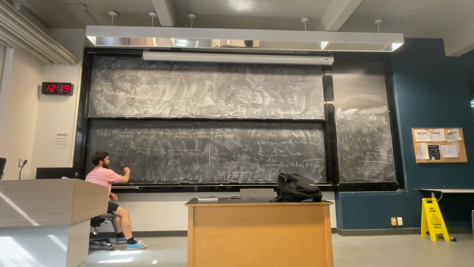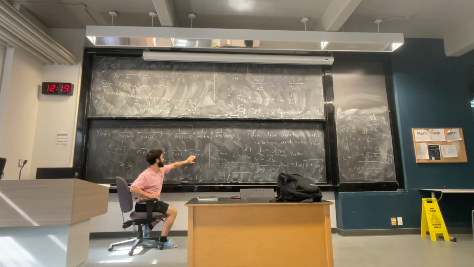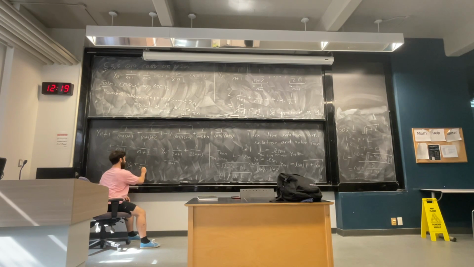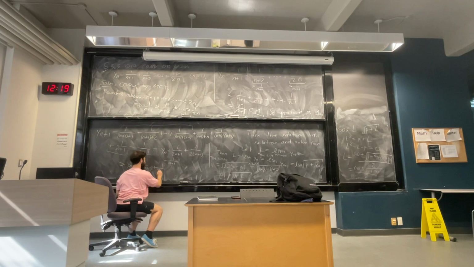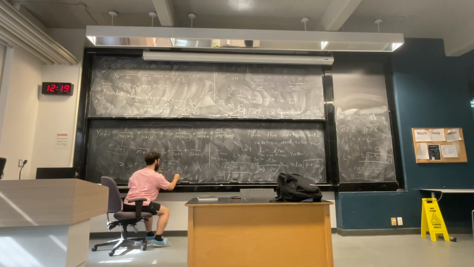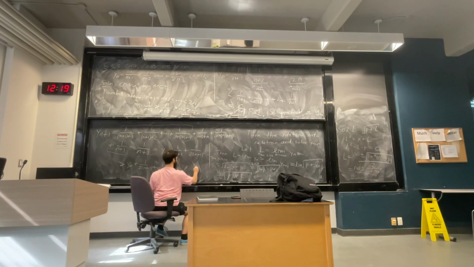So y sub n, and at the expense of this inequality, I'm going to just turn both of these guys into this guy, the smaller term here. So plus 1 over 2 times n plus 1, plus 1 over 2 times n plus 1, and then minus 1 over n plus 1. So we have this term twice. So this is y sub n plus 2 times 1 over 2 times n plus 1, minus 1 over n plus 1.